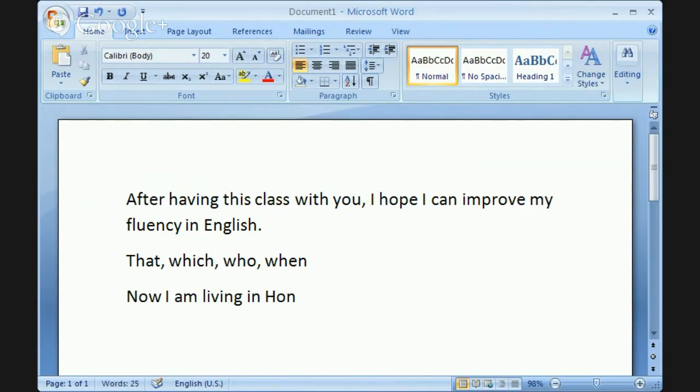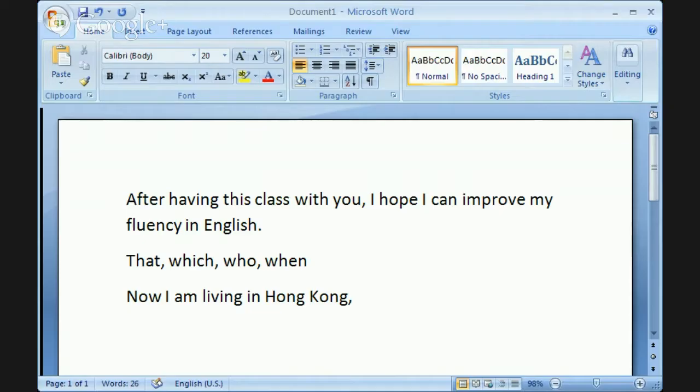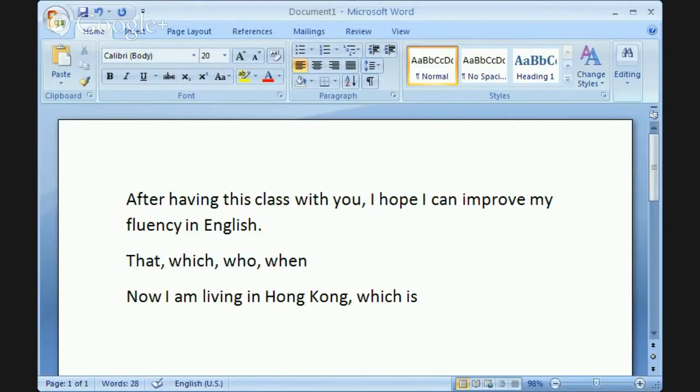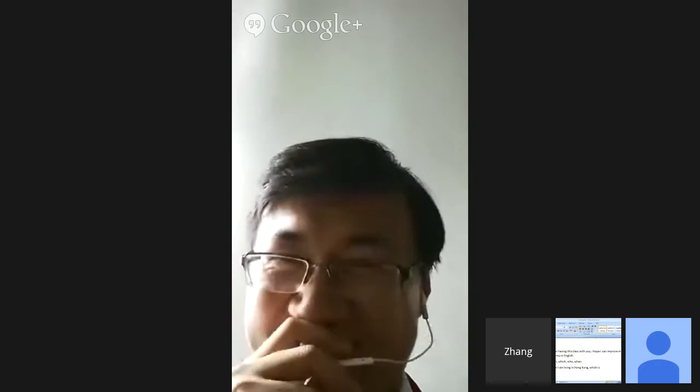Are you from Hong Kong? Yes. Okay. Which is what? Vibrant city. Vibrant. Maybe I might pronounce it vibrant. Yes. Vibrant. Okay. Sorry.